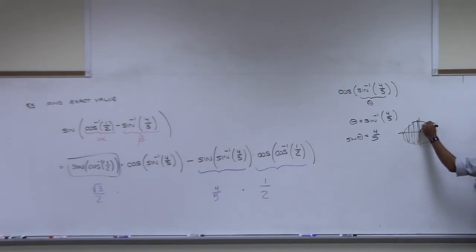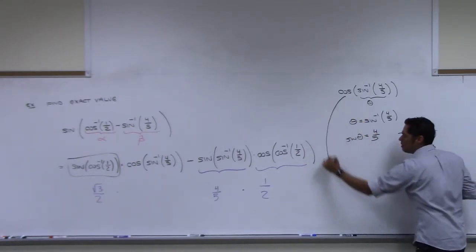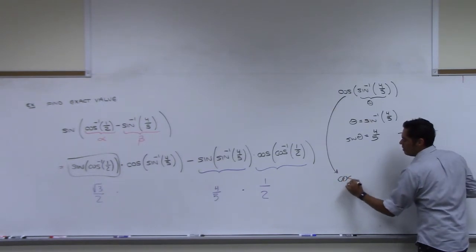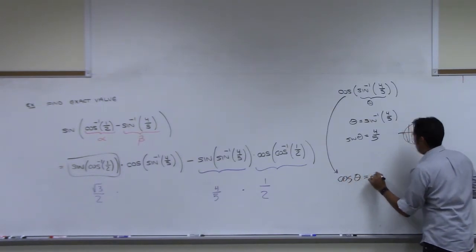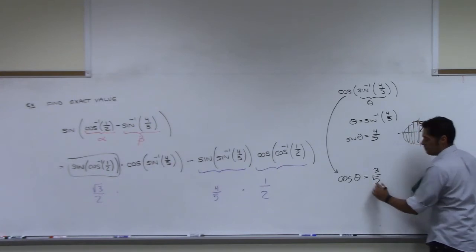So reference triangle like this. Opposite over hypotenuse, 4 and then 5 here, which means the adjacent is 3, positive 3. Because this really wants to know what's cosine of theta. And that's going to be 3/5, isn't it? Yeah. Okay.